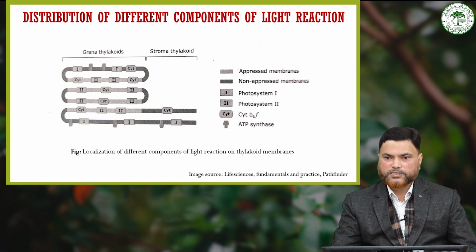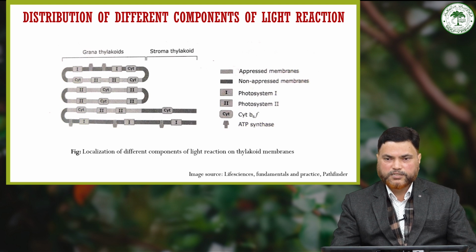The non-appressed regions of the thylakoid membrane refer to areas where thylakoid membranes are not tightly packed together and exhibit a more dispersed arrangement. These non-appressed regions are characterized by a loose arrangement of thylakoid membranes, resulting in a less compact structure compared to the appressed region.